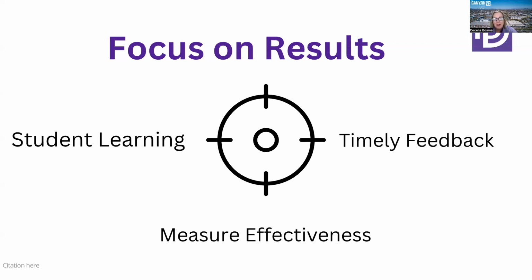And thinking about your team meetings and what you want to accomplish, we want to make sure that we stay focused on the right things, and that is the results. We are going to look at data in our team meetings, and we want to measure the effectiveness based on results, not our intentions.